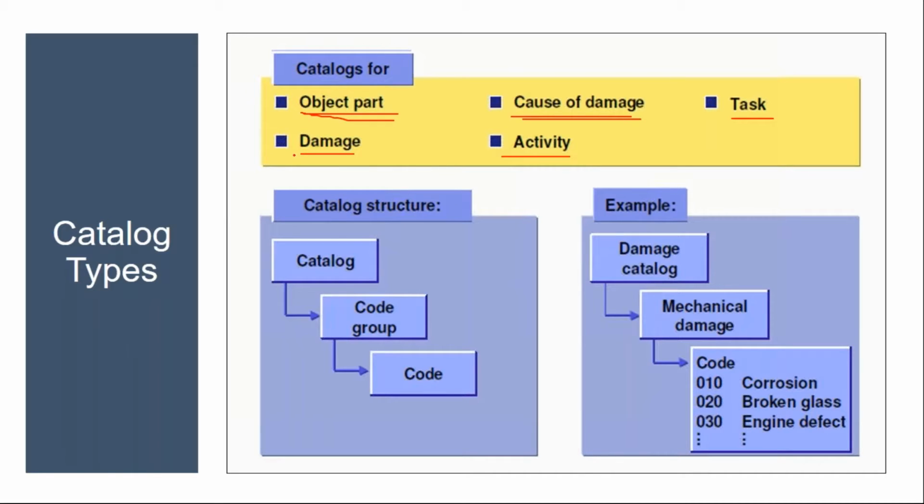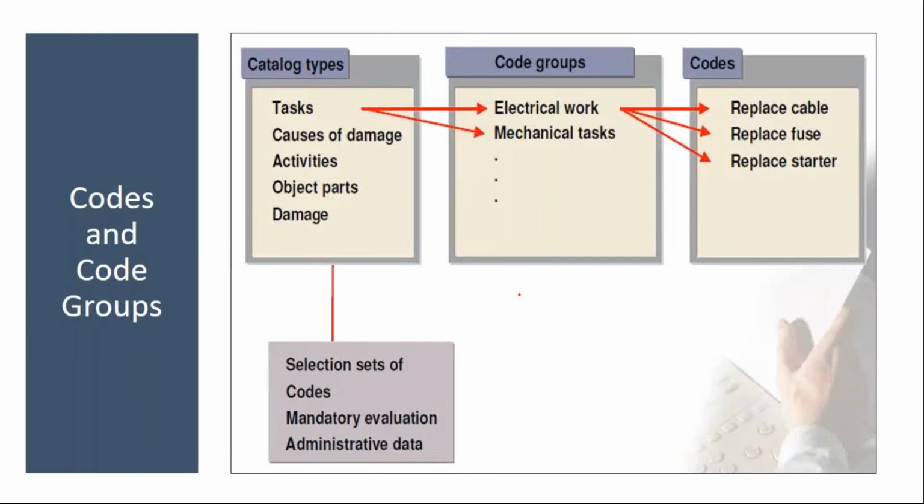Then what is the exact damage, and what activities or tasks you need to perform, and what activities are completed. So these 5 catalog types are used in the plant maintenance module. We will create these in the system. This is another example. These are our catalog types, the ones I just explained: 1, 2, 3, 4, 5. 5 catalog types we will use.